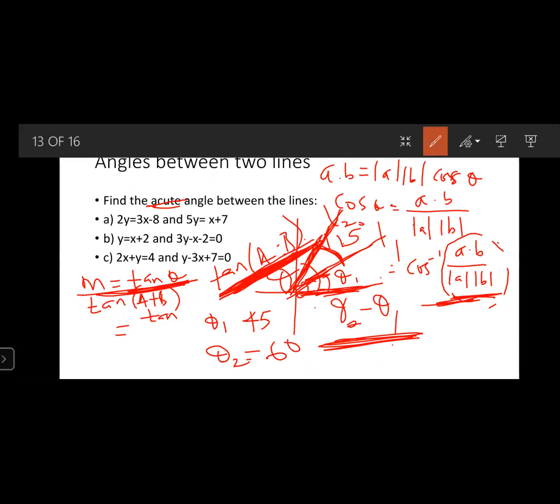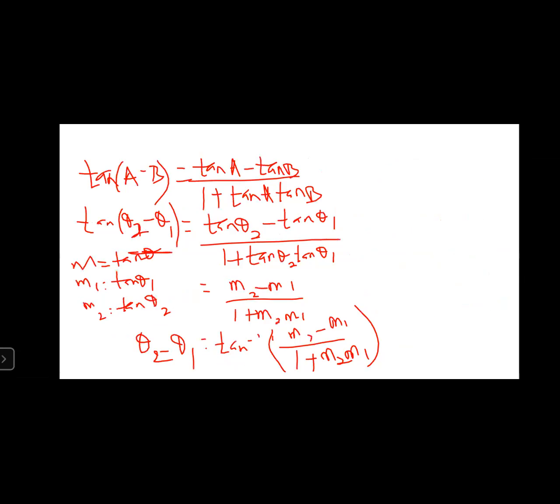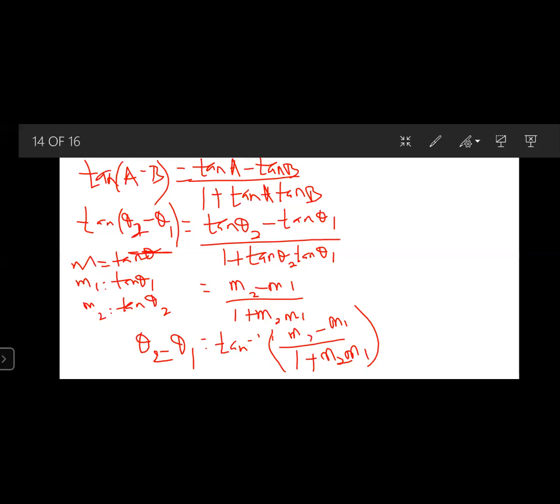How do we get the gradient when you have an equation? Don't forget that the general form is y equals mx plus c, so the m there is the gradient. If you are given any equation at all, that is how you can get the gradient.